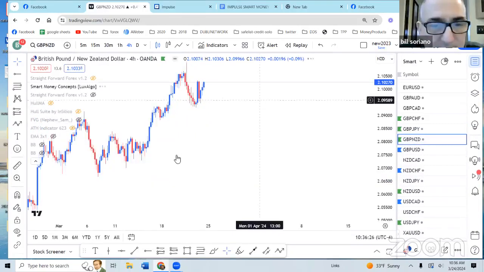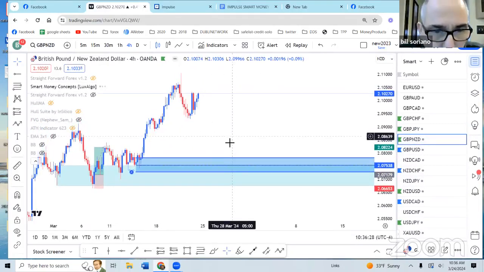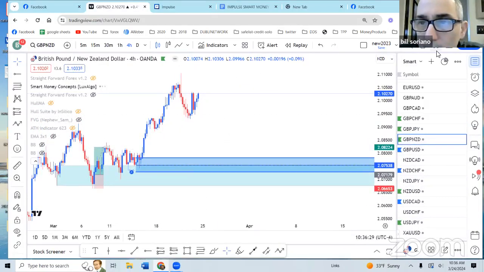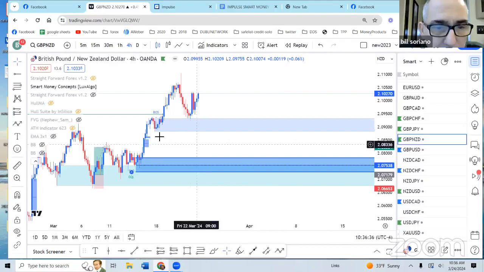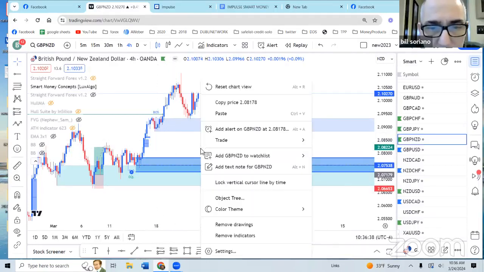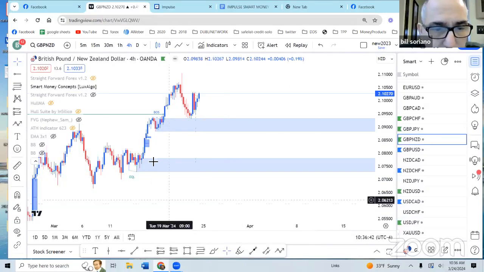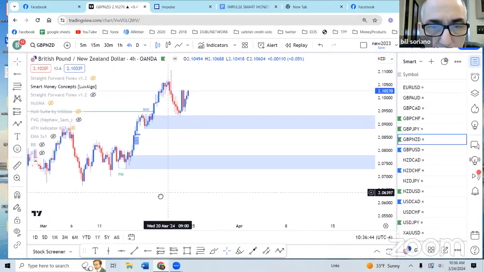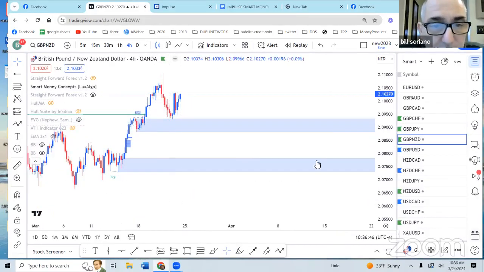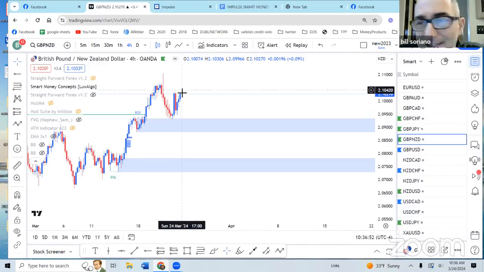Okay, GBP NZD is next. Let me make sure I'm saving this from time to time. So we had a new break of structure to the upside. And look how price came into this order block and then reacted off of it.